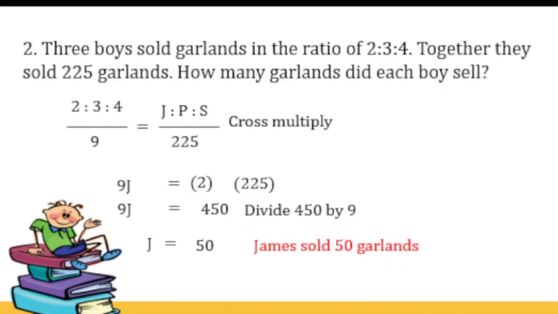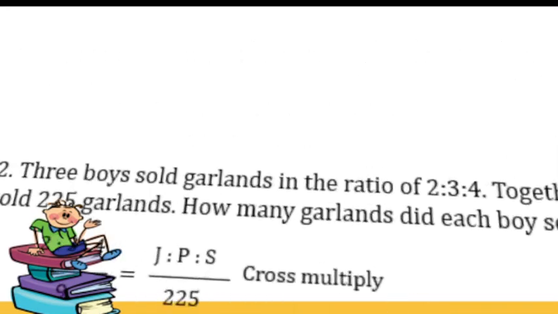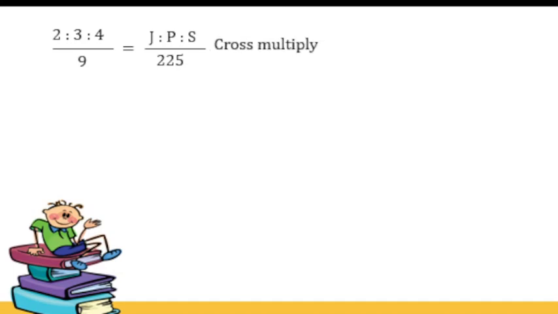Then James sold 50 garlands. Okay, next, let's rewrite again the ratio of 2 is to 3 is to 4 as equal to 9, and James, Peter, and Simon is equal to 225 garlands, and then cross multiply. So you have 9P is equal to 3 times 225, and the product of 225 and 3 is equal to 675.